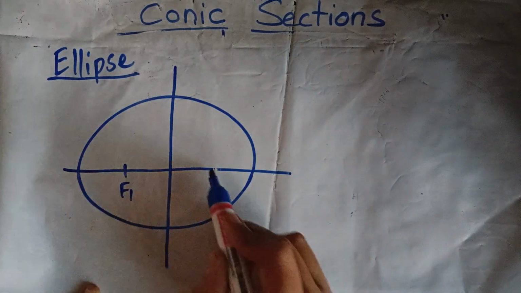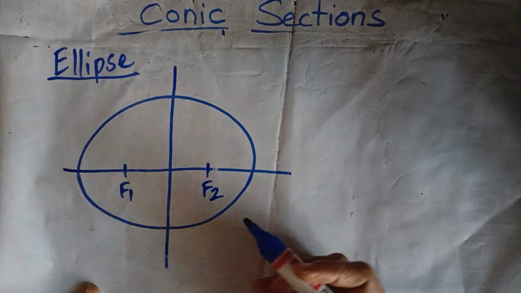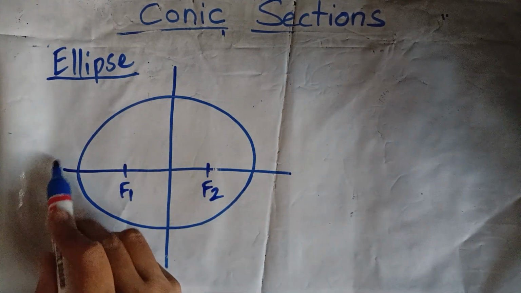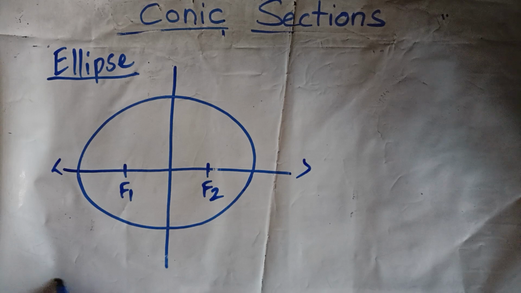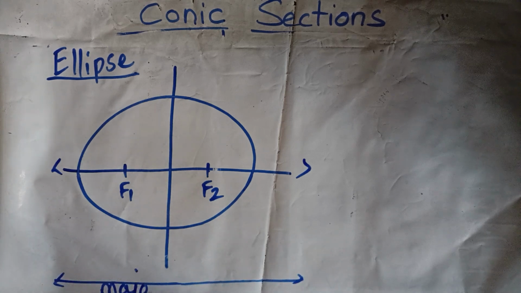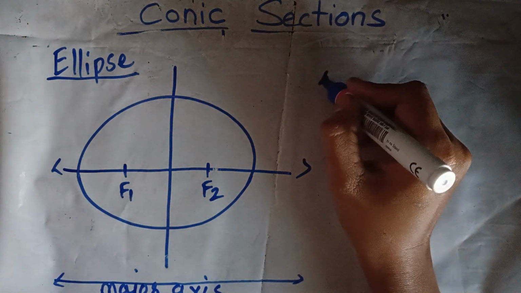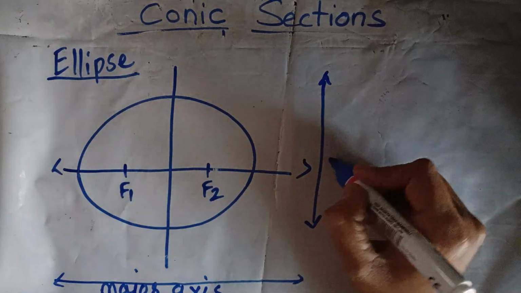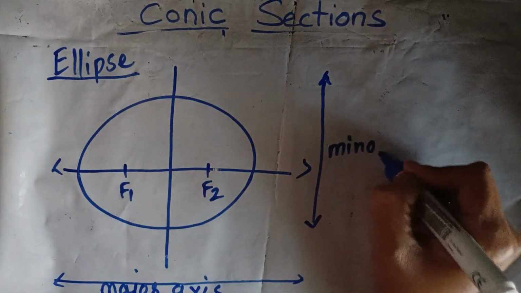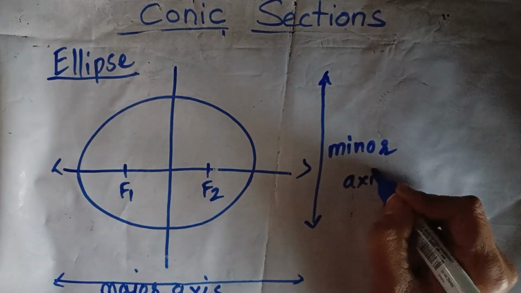This is F1, F2. This distance is called the major axis. And this is called the minor axis.